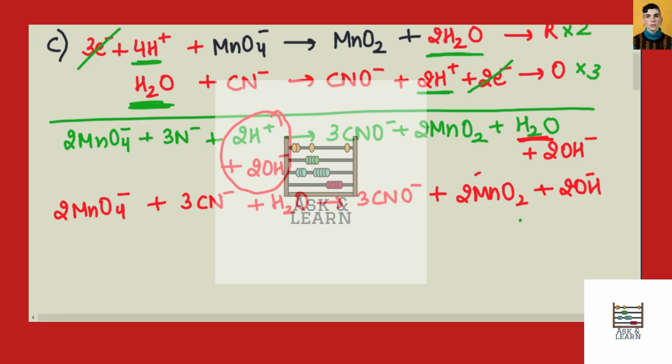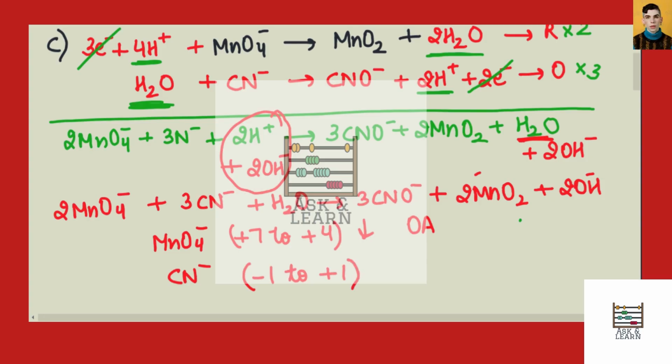Okay, now MnO4-, if you see, it goes from +7 to +4 oxidation state in the overall reaction, so it decreases, which means this is our oxidizing agent, because it's oxidizing others and itself getting reduced, whereas CN-, the oxidation state of carbon goes from -1 to +1, and therefore it increases, and therefore this is our reducing agent. That means it's reducing others and getting itself oxidized.